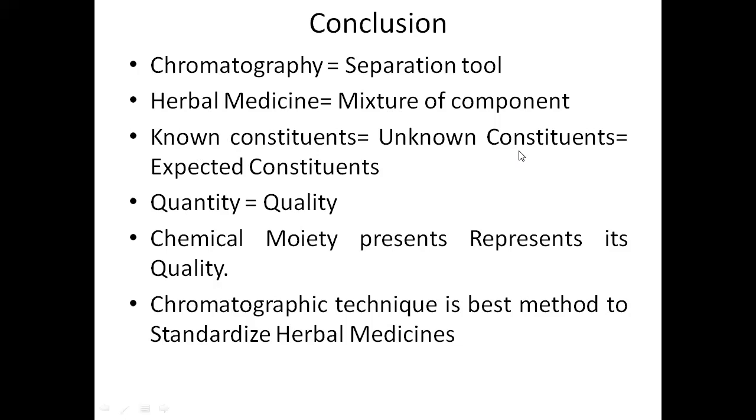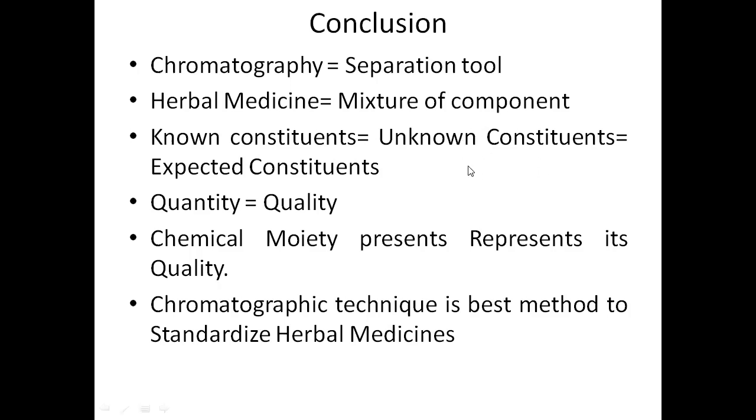Known constituents, unknown constituents, and expected constituents, we need to correlate. Known constituents means we know caffeine, how much of a peak it will give at how much concentration in TLC, in paper, if you subject it to GCMS, if you subject it to HPLC. So you are very much aware, because caffeine is a well established constituent, right?